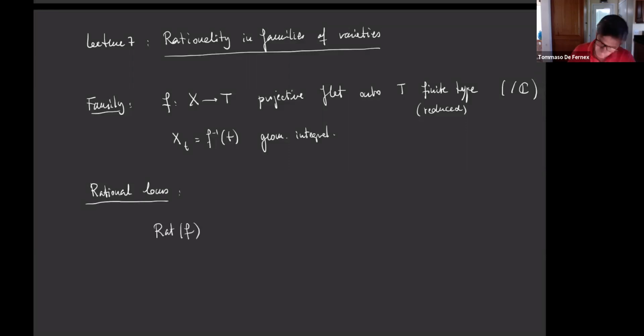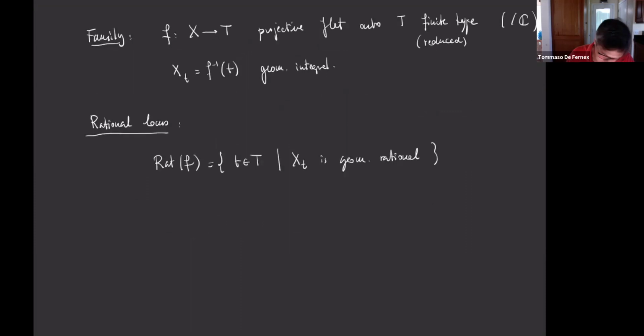Given a family, I look at the points in the base such that the fiber is geometrically rational. So that when you pass to the algebraic closure of the residue field at t, it becomes a rational variety over the algebraic closure. And then the question is, what is the structure of this set?